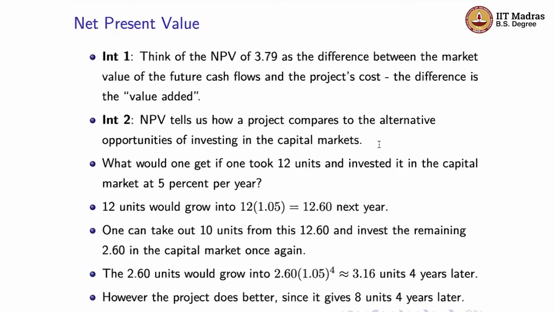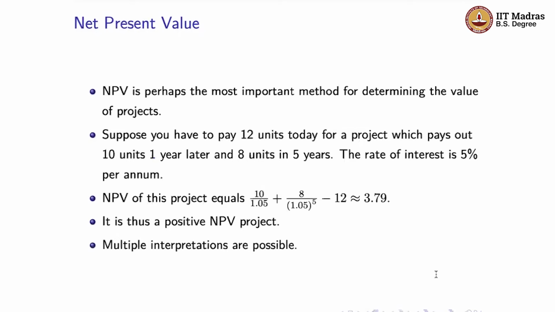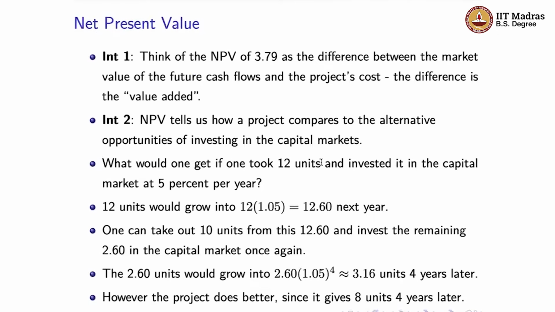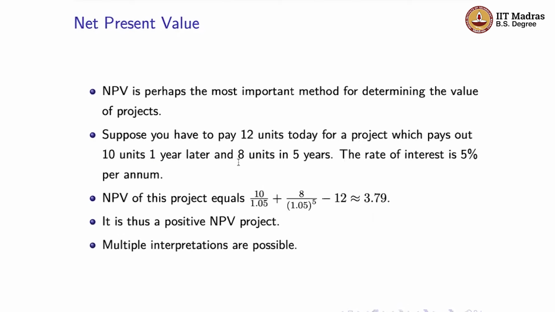If I do that, 4 years later, which means 5 years from today, it's going to grow into 2.60 multiplied by 1.05 to the power 4, right? And this is basically 3.16 units 4 years later. But notice, if you had invested money in the project, you would have got the same 10 units 1 year later, but instead of the 3.16 that you are getting 4 years after that, you would have got 8 units 4 years after that, right?